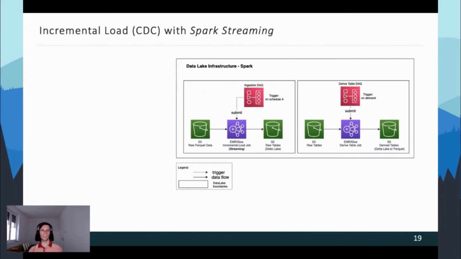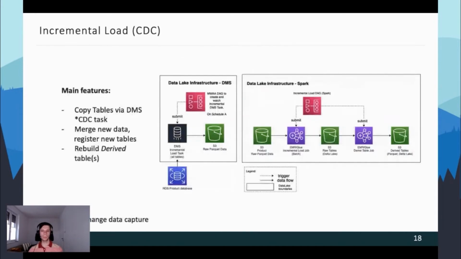Over time, we developed another version of the incremental load using Spark streaming. The first version here is a batch approach. We run DMS continuously, and it gives us the deltas. But further, in order to ingest the data for consumers to read, we have to either configure a schedule for this DAG to ingest data to the data lake, or trigger it manually.